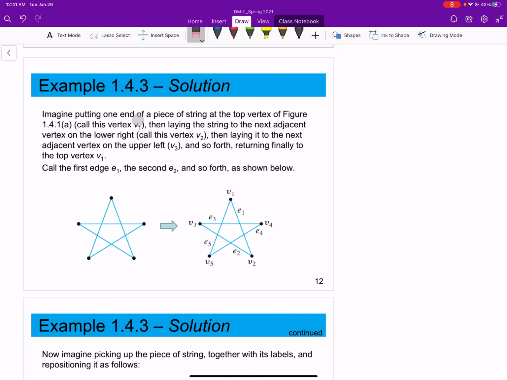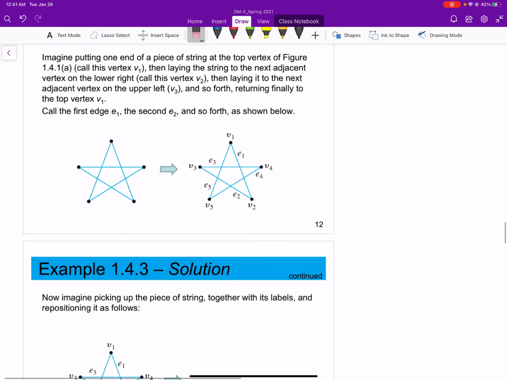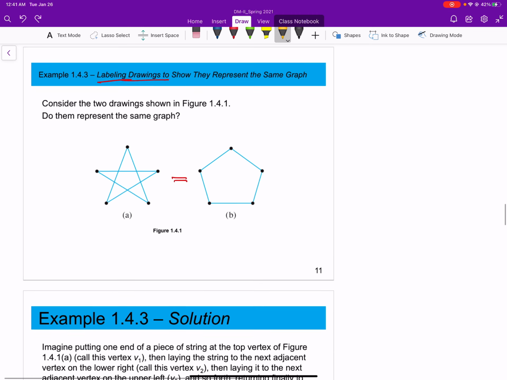Imagine putting one end of a piece of string at the top vertex of figure 1.4.1a. You take a string and you lay down the string on this star-shaped graph. This is the start of the string. Let me use a different color.